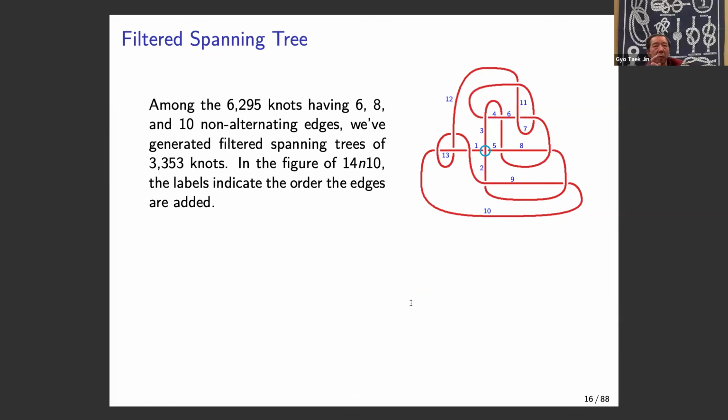So for this 14n10, we have this tree. The edges numbered together form a tree, and it's a spanning tree. And the numbers mean the order in which the edges are added.